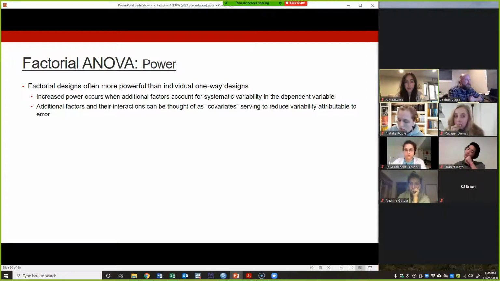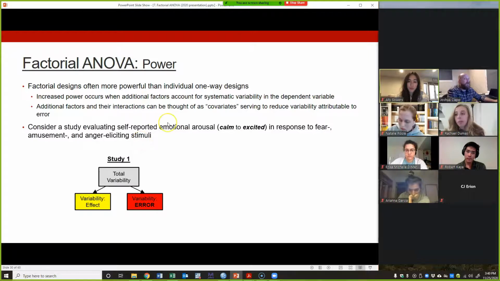We're thinking about the types of behaviors that we're generally interested in. They're complex. There's a lot of factors that influence things. And so we start to increase the factors that we're looking at. We start to account for more of the variability in our outcome. And if I account for more variability in my outcome, the error variability decreases. And because the error variability is the denominator of all of my statistics, as that decreases, my test statistics tend to go up.